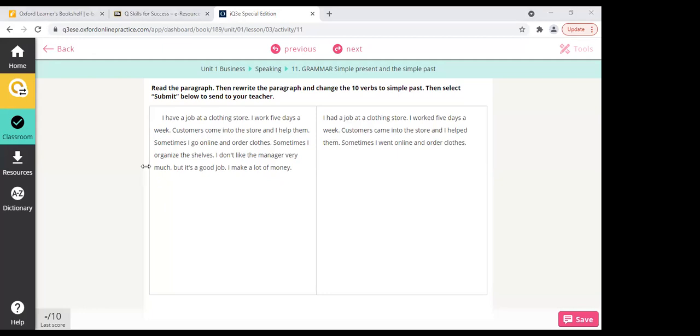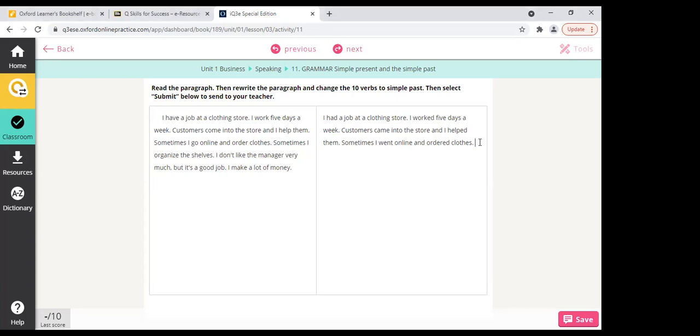Order becomes ordered, with ED. Good. Sometimes I went online and ordered. So both go changes to went, and order changes to ordered. Okay. Well done.